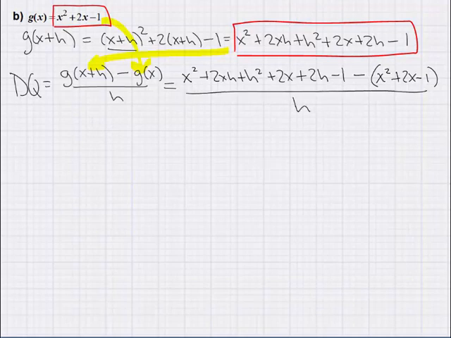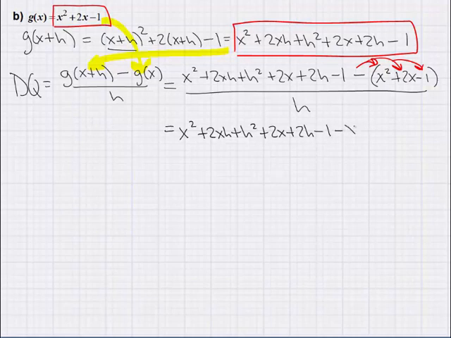So this negative has got to be distributed in here, and what I end up with is x squared plus 2xh plus h squared plus 2x plus 2h minus 1 minus x squared minus 2x plus 1 all over h.